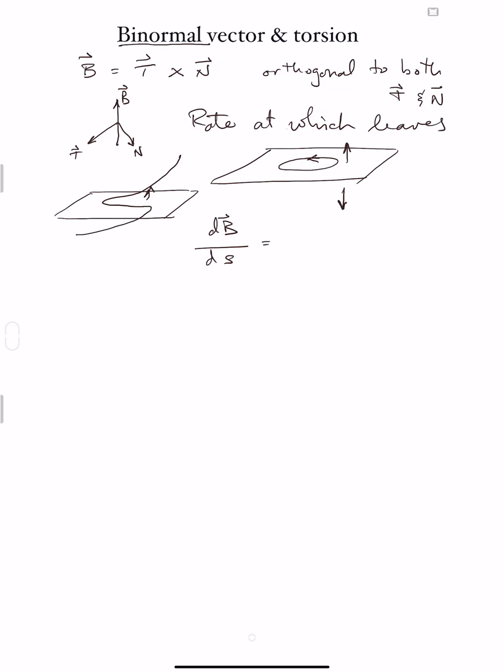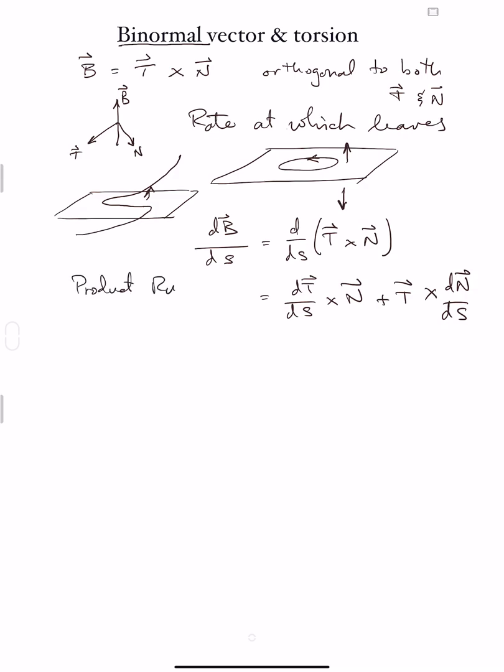Okay, so we can then talk about this in terms of its components, the cross product, and by the rules of the cross product, I would say that this is T_s crossed with the normal vector plus T crossed with the change of the normal vector with s. And this is just the product rule for derivatives. So that expression is now the change in the binormal vector with the arc length.